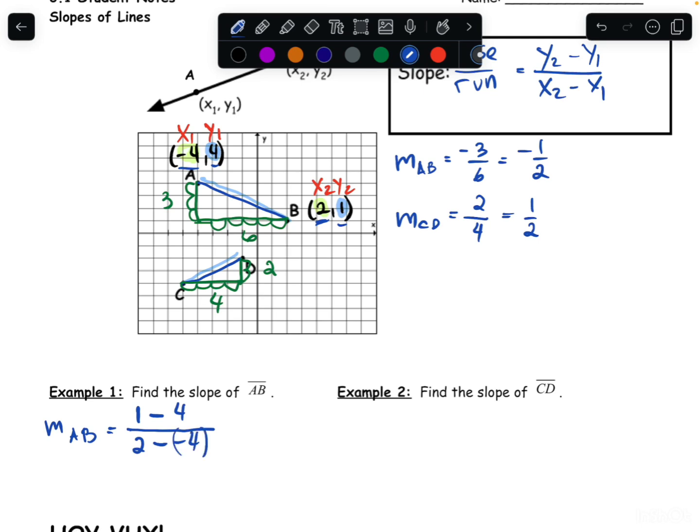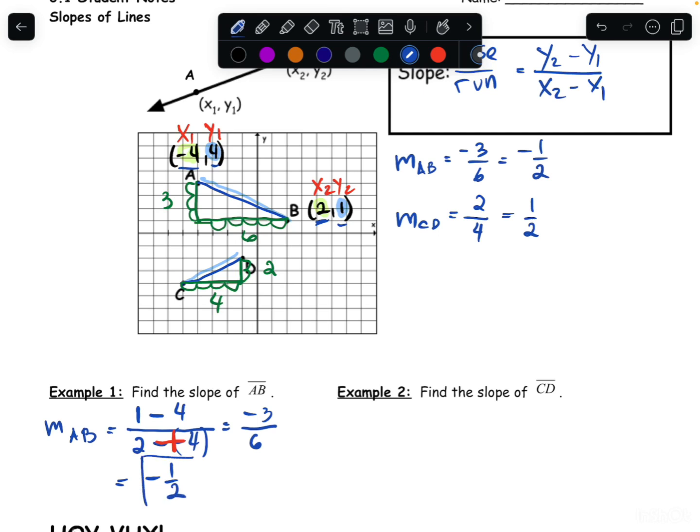Quick thing to note is that a minus and a negative becomes a plus. So this becomes 1 minus 4, which is a negative 3, and this is now a 6. And I can simplify that to negative 1/2.